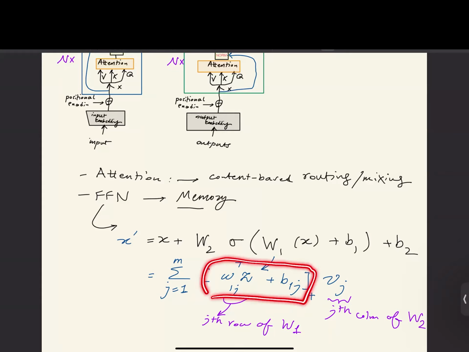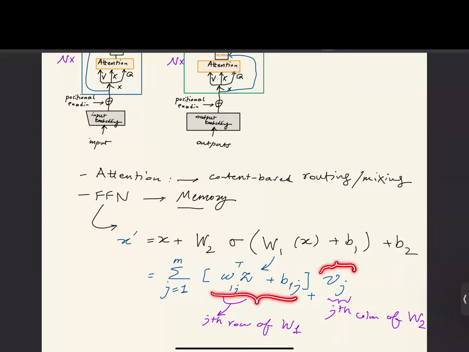This part is basically deciding if the neuron is activated or not. It corresponds to the first layer, right? If it is activated, a value Vj will be written to the token stream, which corresponds to W2. So you can think of this as a key and this as a value, right?